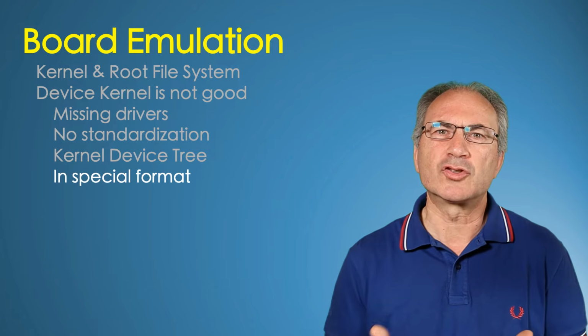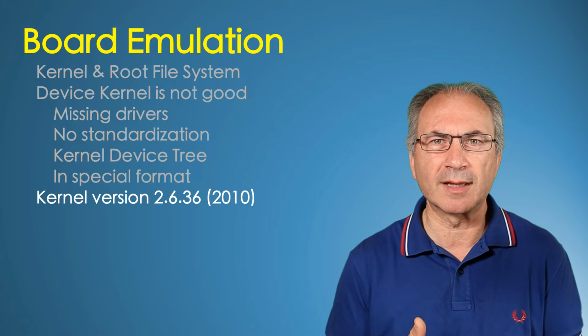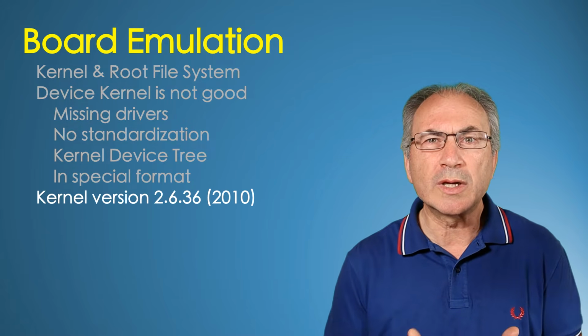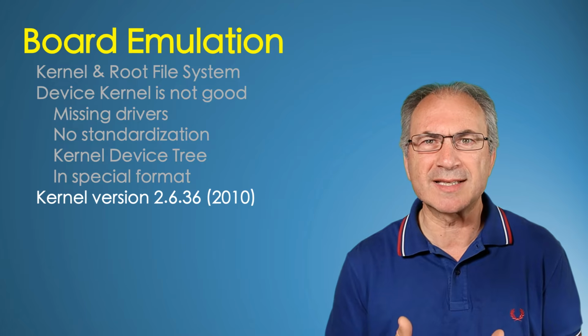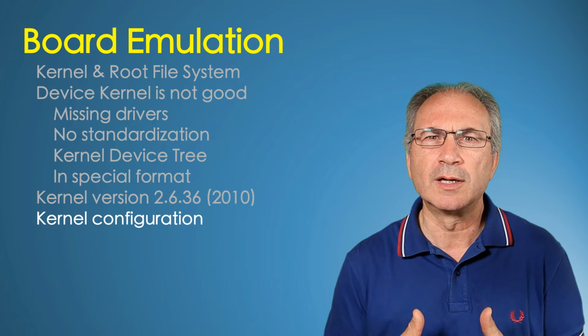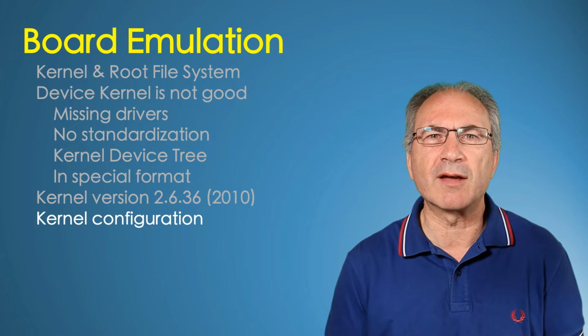In our sample Gemtek router, the kernel is version 2.6.36, which was released in 2010. We want to keep the same kernel version as the one we have on our board, and we want to configure our kernel with the same known options that we have on our board.